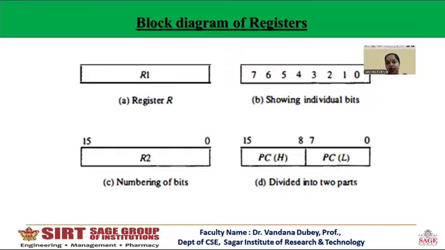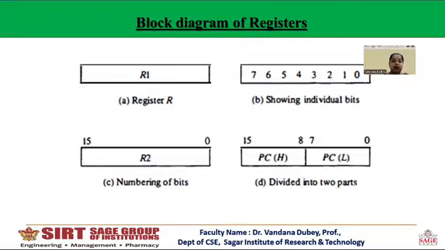Either you can just mention the name, for example, R1, or you can mention the individual bits, or you can make the block diagram and mention the first and last, that is LSB and MSB bit. Or if your machine permits, you can use your registers in two halves, lower half that is shown here as PCL for the register PC from 0 to 7 bits, and PCH are higher bits from 8 to 15 bits.